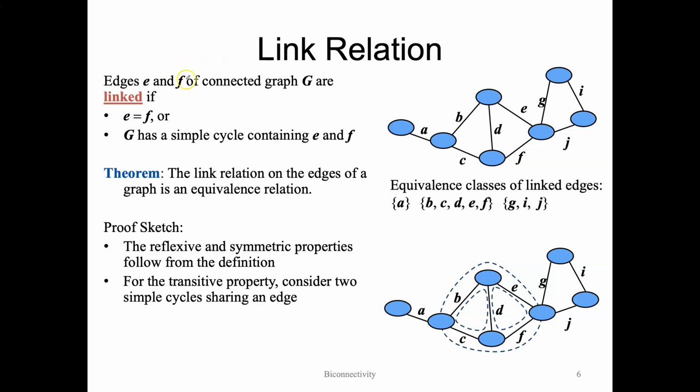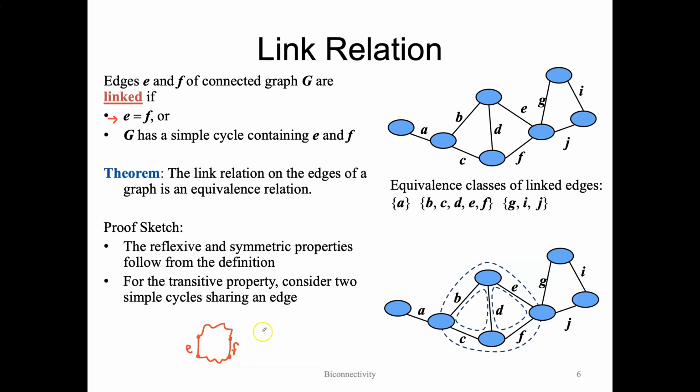So we say that two edges are linked if they're either the same or there's a simple cycle containing both of them. Now this linked relation is an equivalence relation because it satisfies those three properties. It's reflexive because if two edges are the same, then they're linked. It's also symmetric because if we have two different edges E and F, E is linked with F if there's a simple cycle containing them, which means that F is also linked with E because that same cycle contains them.